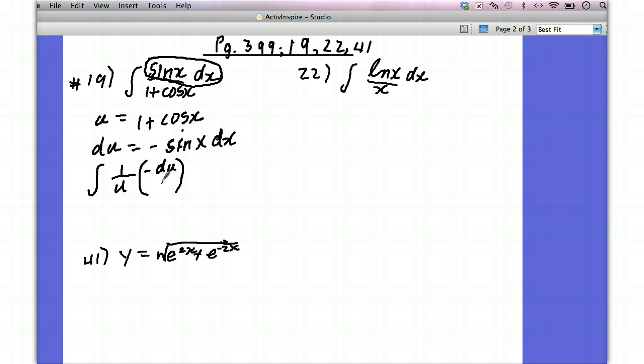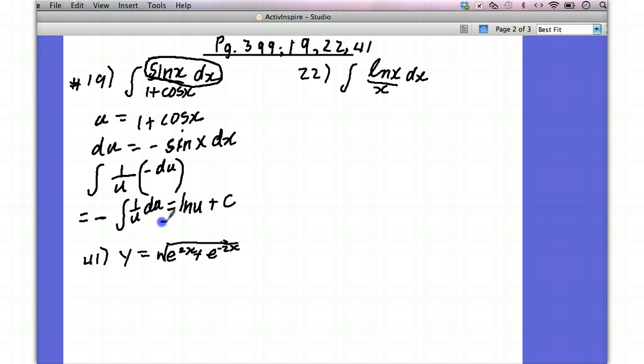How do you like that? Here we go. So negative on the outside then, integral 1 over u with respect to u. So this would be natural log of u plus a constant.